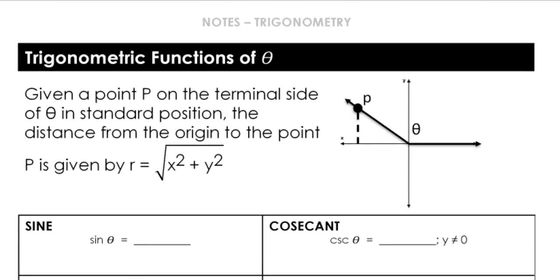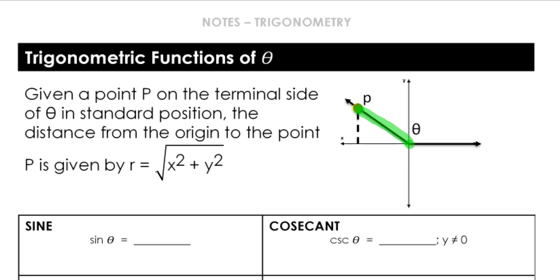So given a point P that's on the terminal side of an angle in standard position, you can see that in the picture over there, if we have P on this terminal side, then the distance from the origin to that point P, this distance here, is given by r, so think radius, equals the square root of x squared plus y squared.